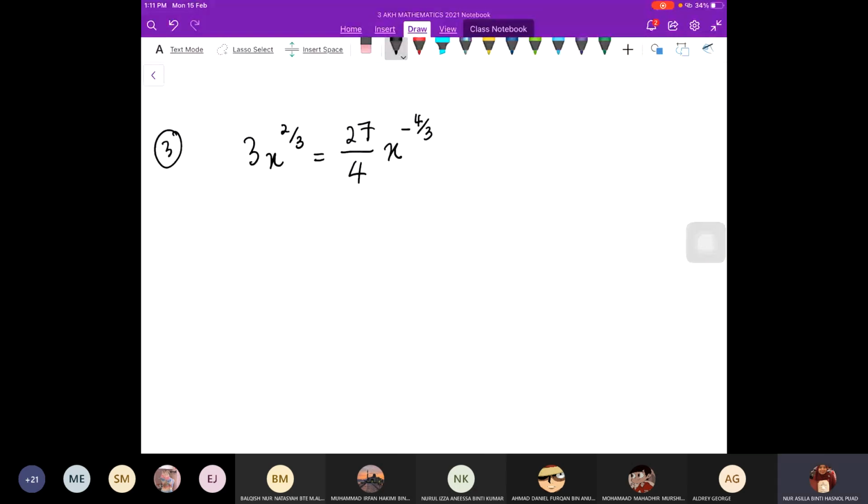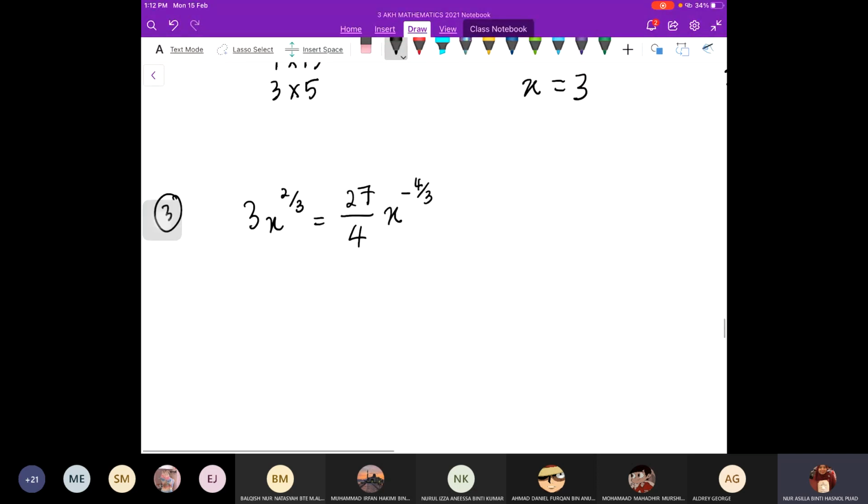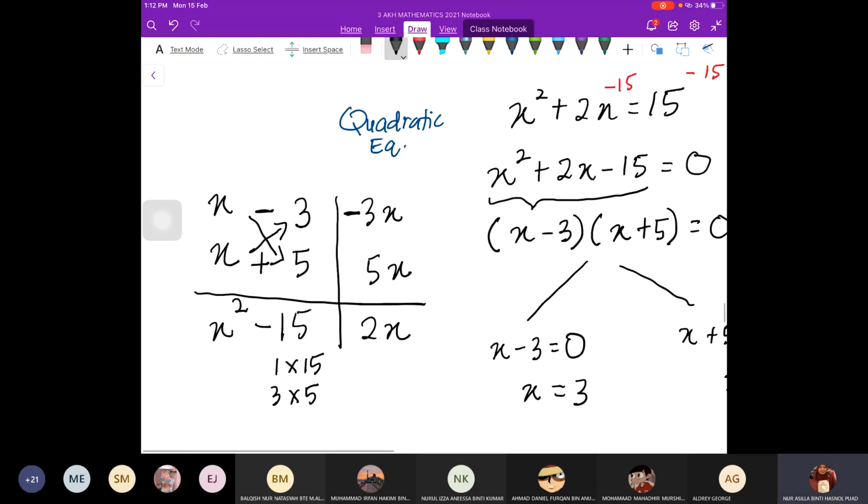Semua tengok soalan nombor 3. 3, okay. 27. Base 3 boleh, 4 tak boleh. Dan kalau kamu tengok X saya adalah base. Soalan nombor 1 dan 2, X saya adalah index. My X is index. Kat sini.